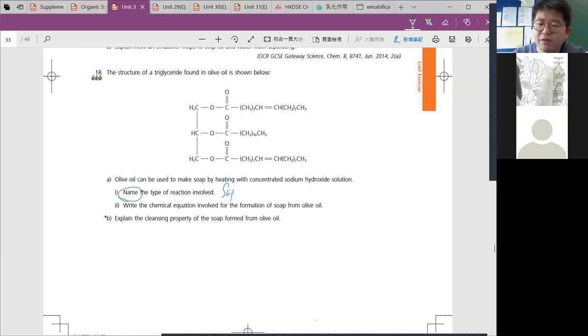You may type it on the chat. Okay, saponification, yeah. Good. What else? Can I have another name? Yes, alkaline hydrolysis. Good. Write the chemical equation involved for the formation of soap from olive oil.